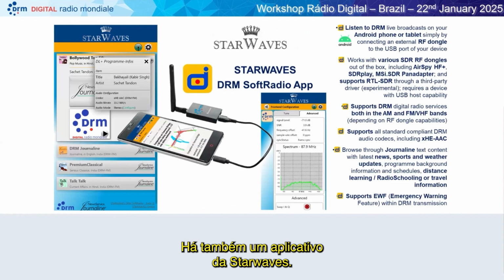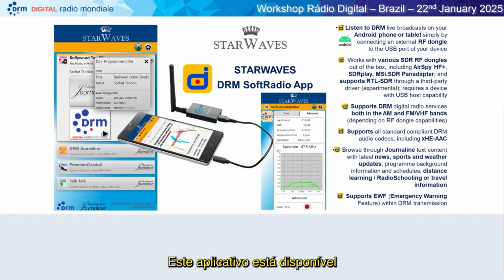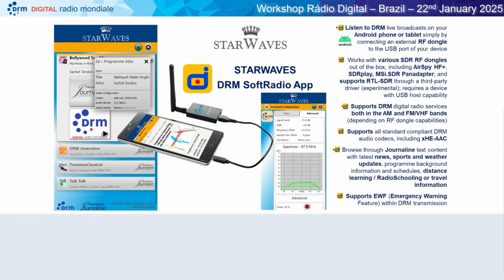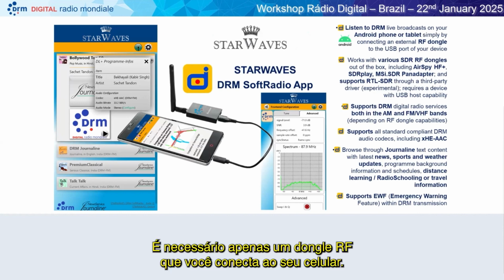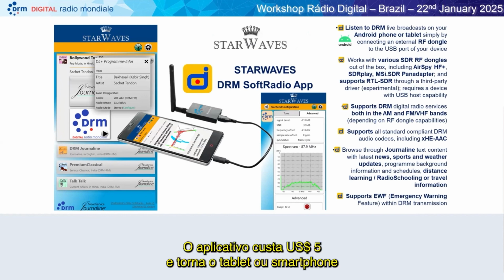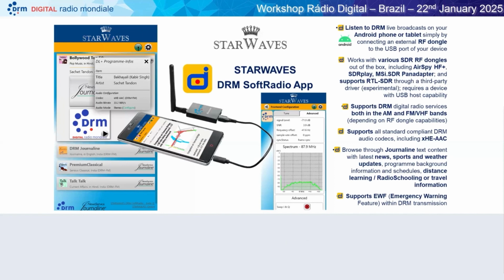There's also an app from Starwaves. This app is available on the Google App Store and also on Amazon. All you need is an RF dongle that you connect to your mobile phone, and this app costs you $5, and then you turn your tablet or your smartphone into a DRM receiver.